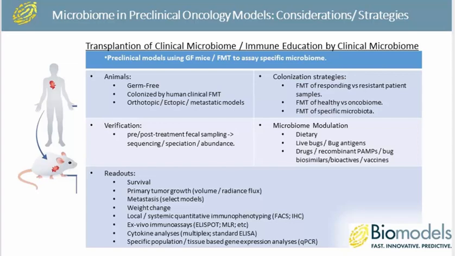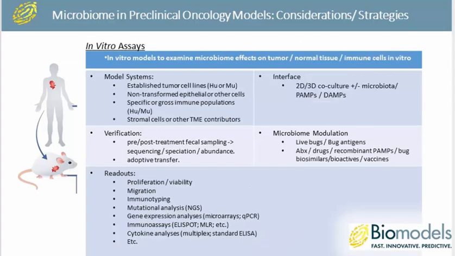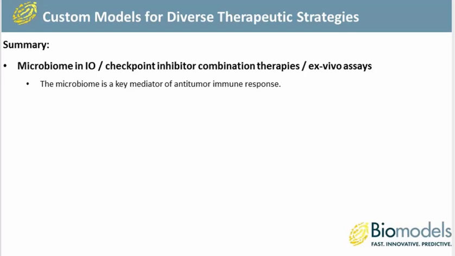You can have disease or healthy, different microbiomes into the mouse, and then breed the mice, allow the F1s to grow up so that their immune system has been completely educated by this specific human microbiome that's going to be stable, and then assess readouts using the F1 mice and perform the models with various overlays. And of course, a number of in vitro assays as well to look at a whole host of different microbiome and immune-related endpoints.